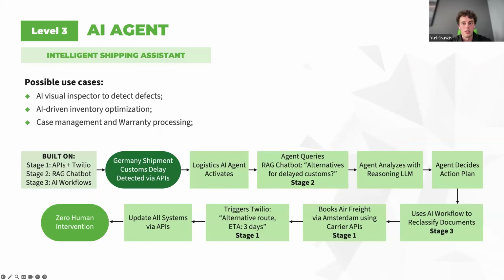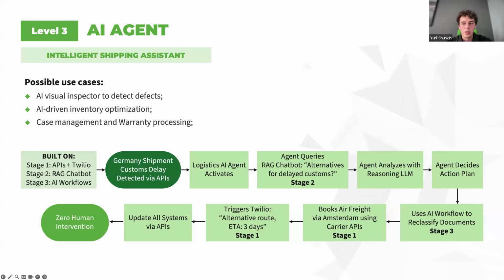Now let's go to our concrete example, the intelligent shipping assistant that we are currently developing. In this case, when the system detects a shipment delay, it automatically triggers the logistics AI agent, and the agent checks possible alternatives in delivery via APIs.